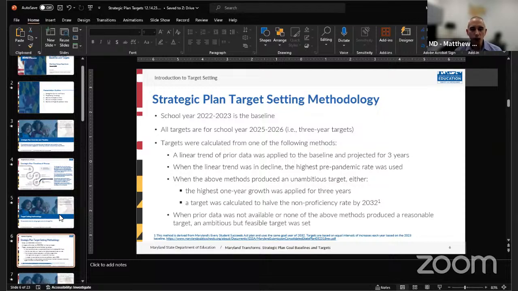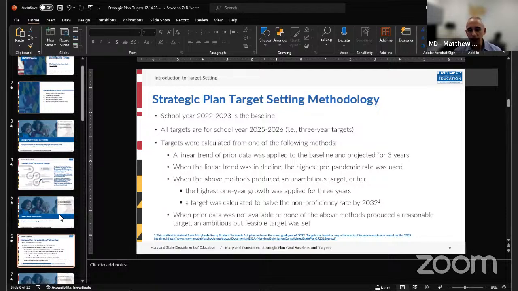And another way was specifically for proficiency rates. We used the Maryland State ESSA plan methodology, which was to take the non-proficiency rate and cut that in half over the next, now would be 8-9 years until 2032.